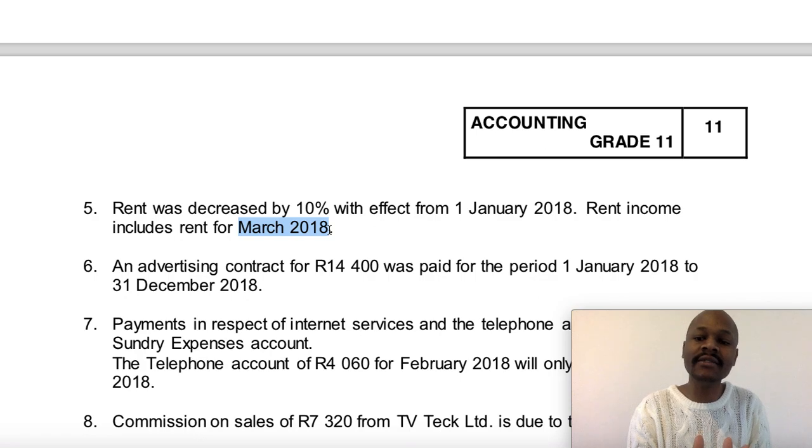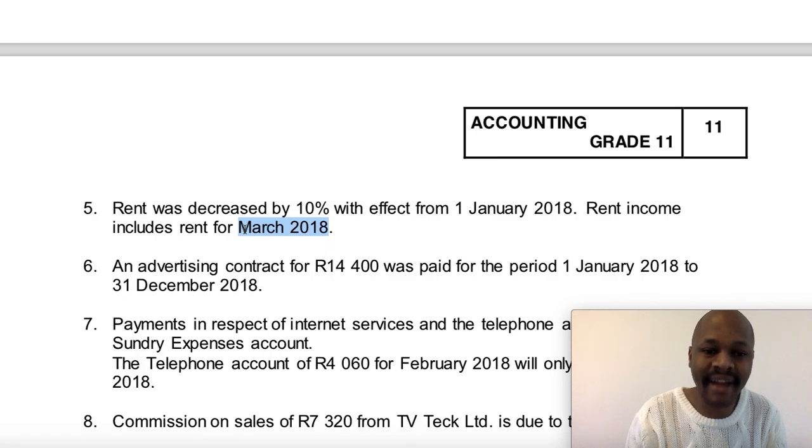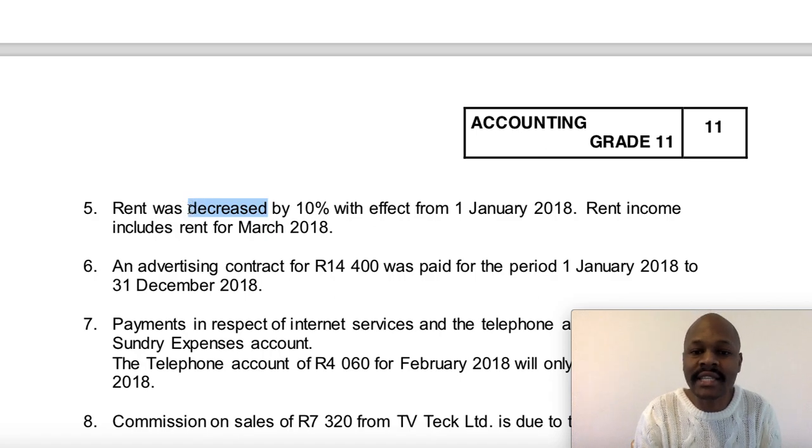Anything you receive or anything you pay beyond the current financial year, you subtract. So in this case, we need to subtract this amount for March. But they say it was decreased. So it means at some point you received 10% less. You received 10% less. So how do we work this out?